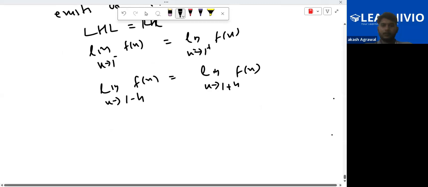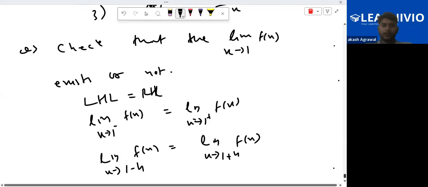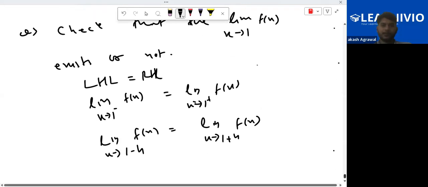Yes, sir. Okay, and here function is given as f of x is 1 plus x square when 0 less than equals to x less than equals to 1, and 2 minus x when x is more than 1. Try to solve.